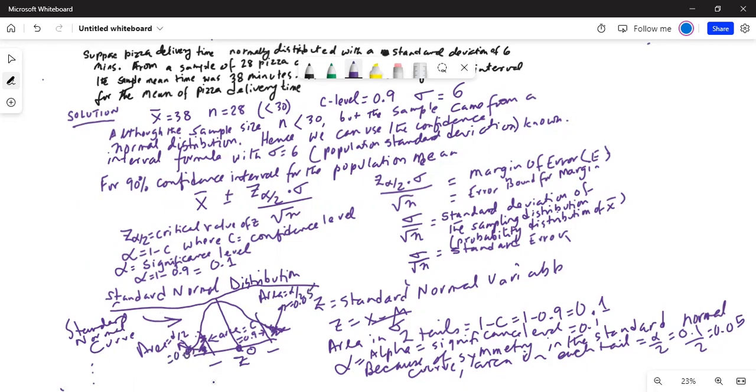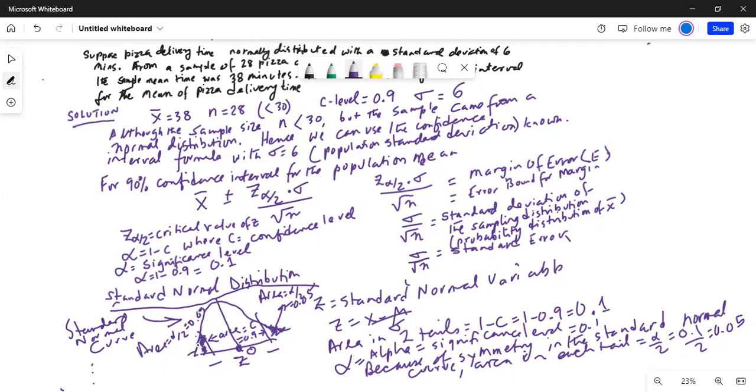Okay, 0.05. Now, let me erase this a little bit and make it a little bit clear. So area is alpha by 2 in this tail, which is 0.05. So area in the left tail.